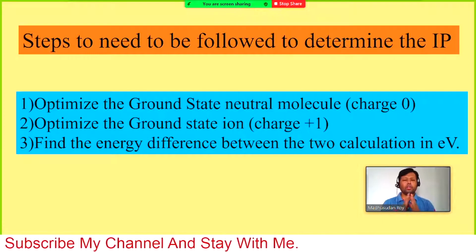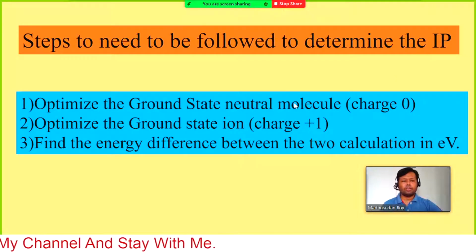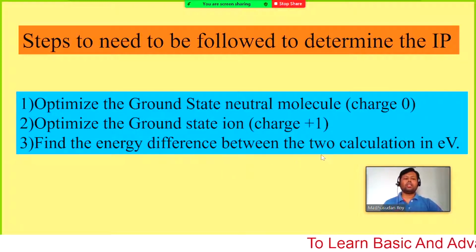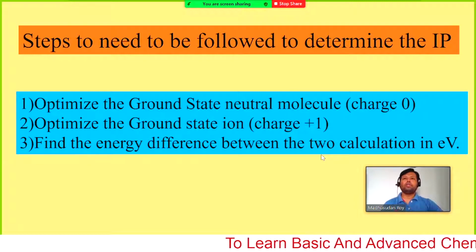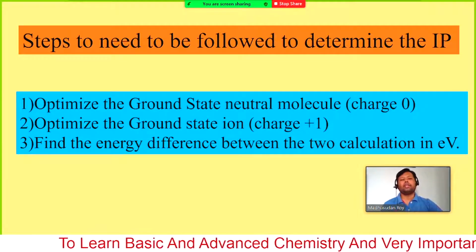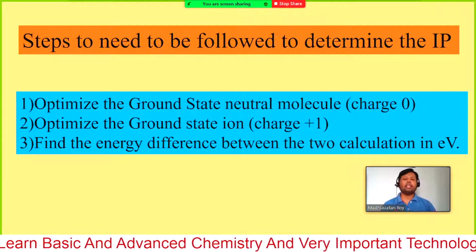So we will find the energy of the neutral molecule or neutral atom, and then the energy of the ion, and then we take the subtraction, which is the energy difference between the ion and the neutral. So that is our steps.